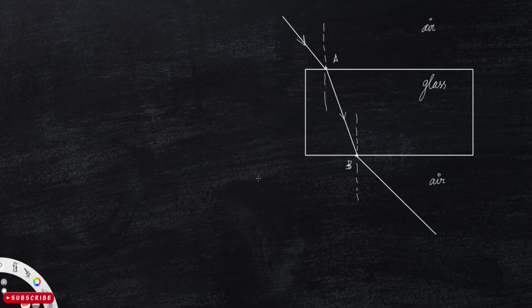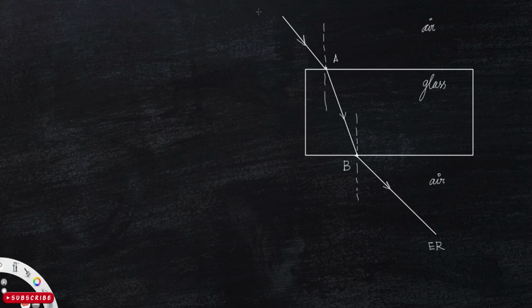So this will be the path followed by the ray. This point is actually B. Now actually there are two refractions, one at A, and at B the ray came out like this. So this is the emergent ray.